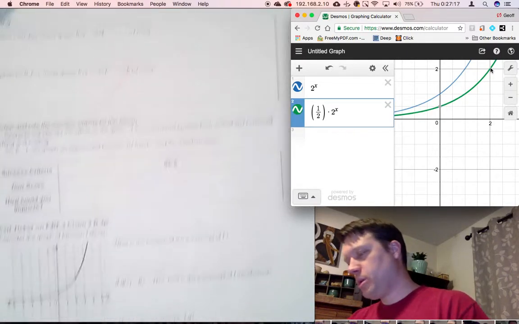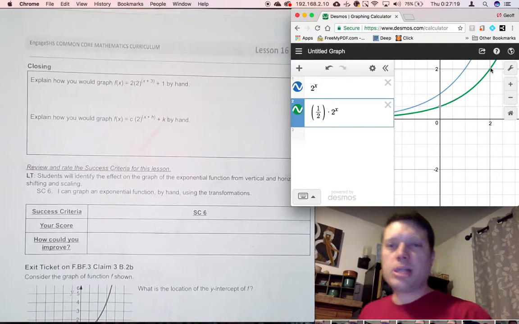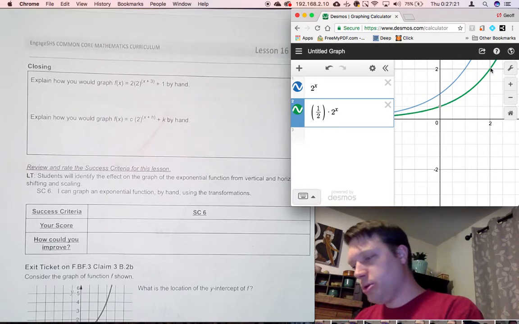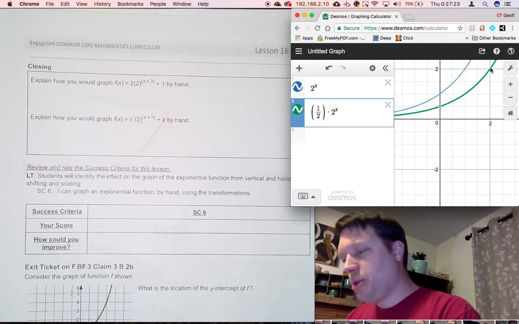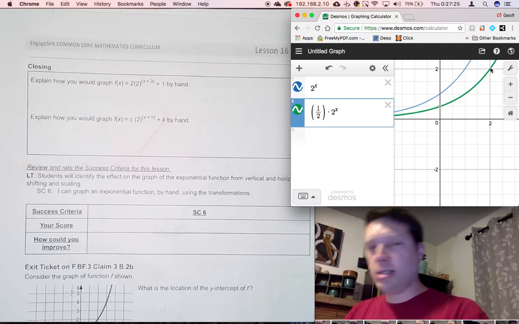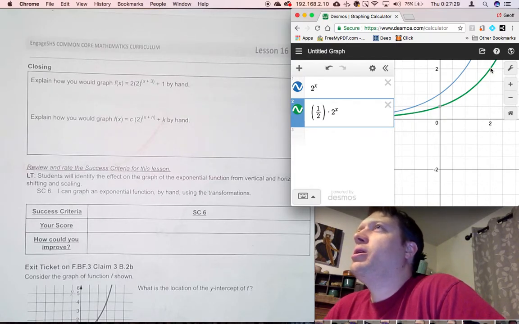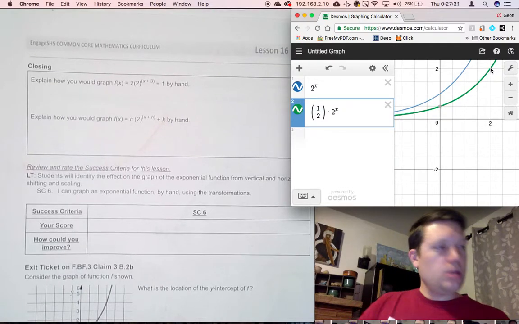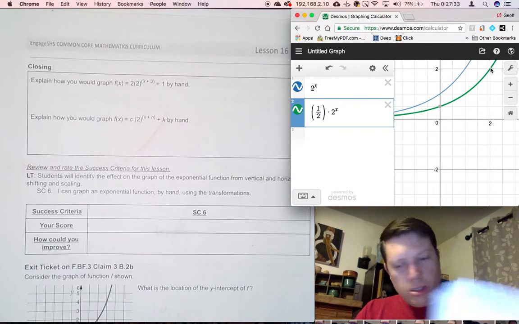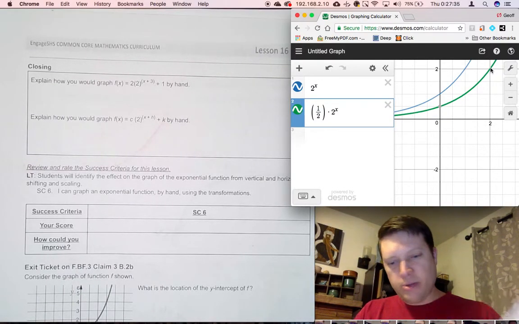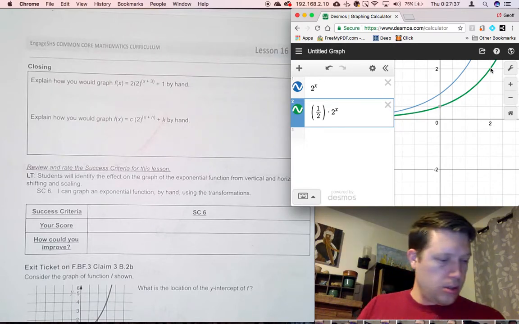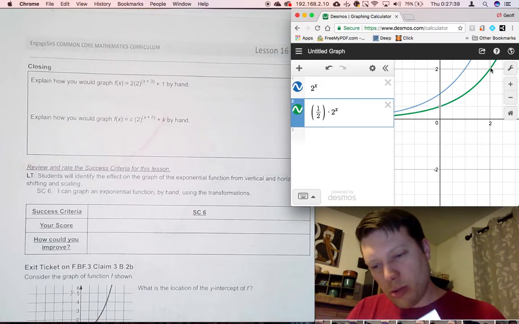All right. Staring at the closing. Explain how you would graph 2 times 2 to the power of x plus 3, plus 1 by hand. We had that one before, didn't we? Was that in the previous closing? What was the previous way that this was said? Yeah.